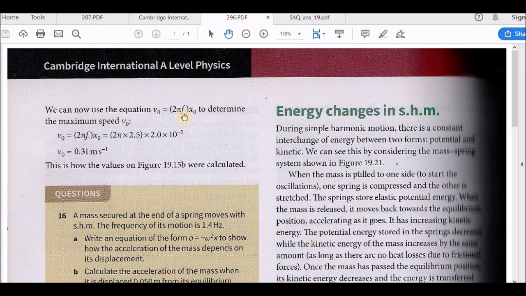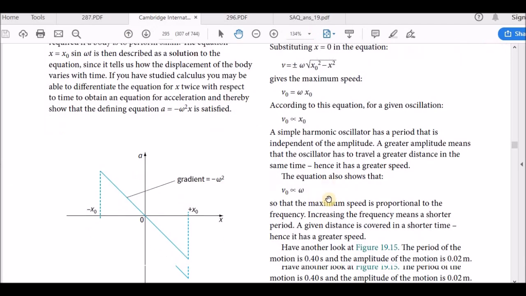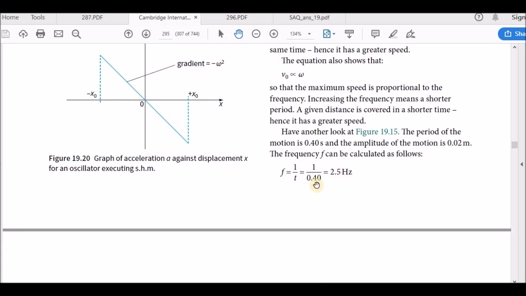Then we use this equation to determine the maximum speed v naught. Now we already know what f is. Okay, we calculated it over here. Okay, period is constant, so the frequency is also constant, but this is just the frequency, okay, not the angular frequency, so don't confuse the two.